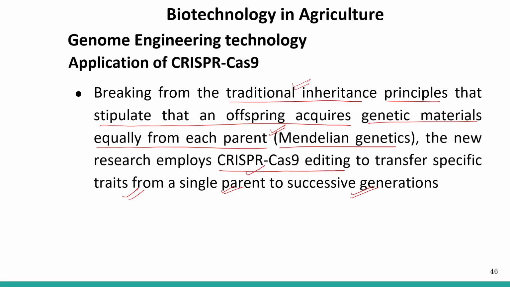But in this technique, CRISPR-Cas9 editing, a specific trait is transferred from a single parent to the successive generation, and this technique is a surety of transferring that particular trait from one organism to the desired organism in which we want to transfer it, right?